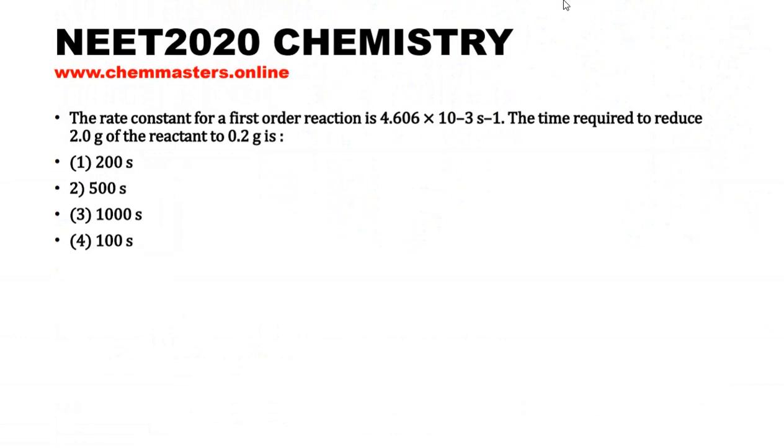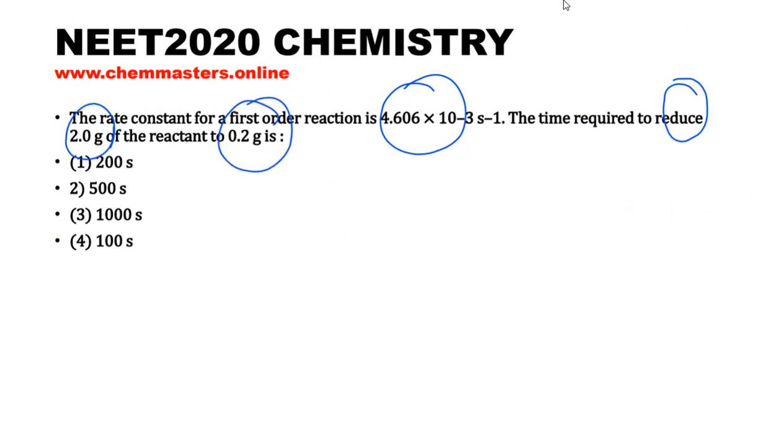Next question, the rate constant for a first order reaction is given. The time required to reduce 2 grams of the reactant to 0.2 grams is... So simply we can take k into t equals 2.303 log10 of initial weight by final weight. The final is 0.2 grams.